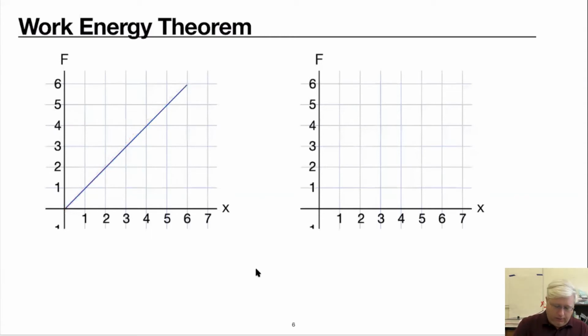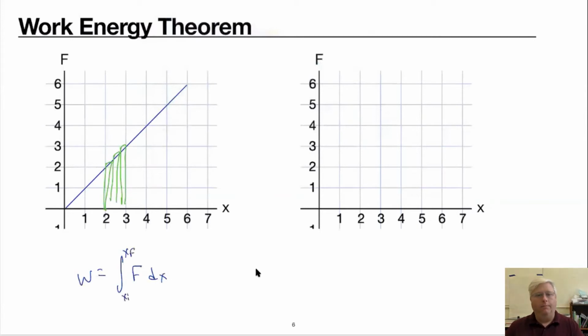Remember, as those delta x's get smaller and smaller, we find the limit, that's the integral, finding the sum. So the work done when we have a variable force is the integral of F dx from some initial position to some final position.